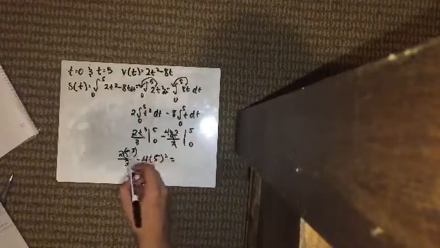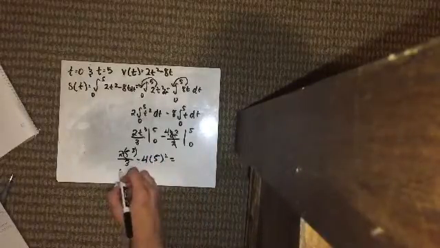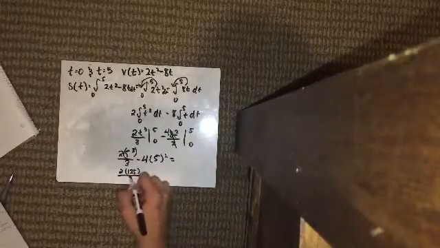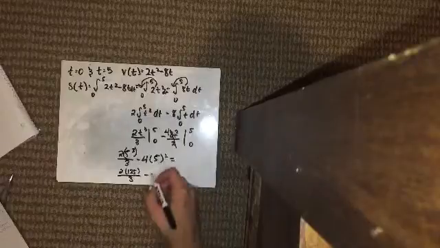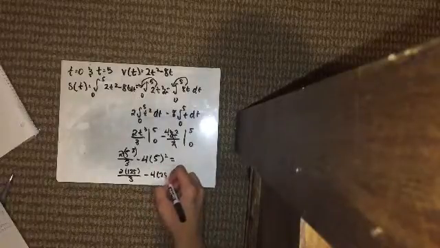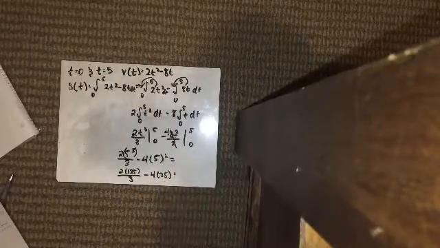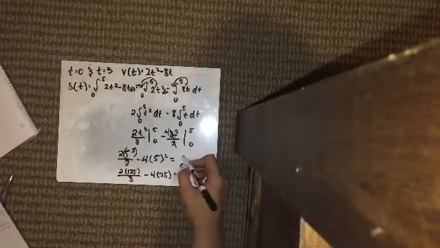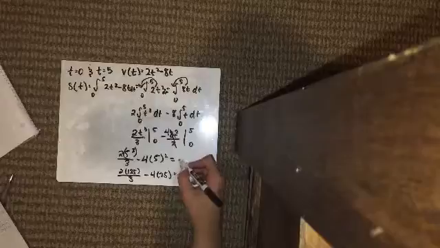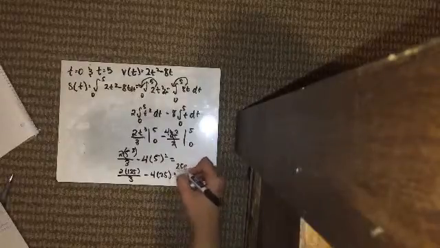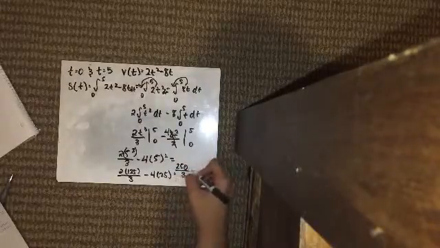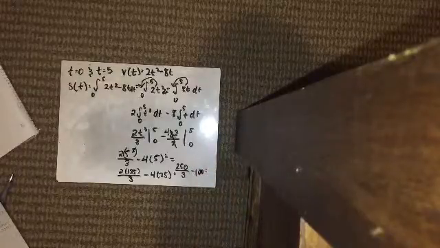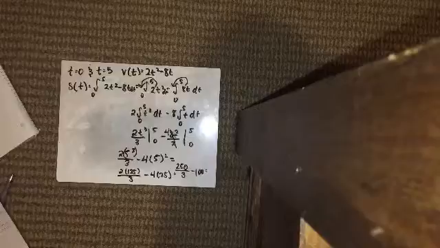So this can change to 2 times 125 over 3 minus 4 times 25, and that can change to over 3 minus 100. So we would get, oh shoot, I don't have a calculator.